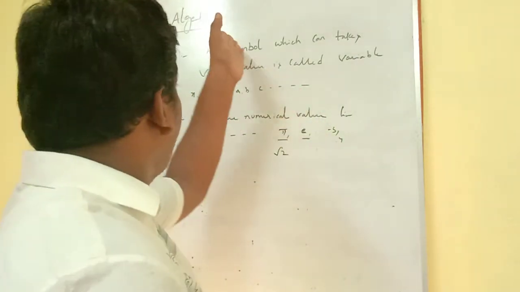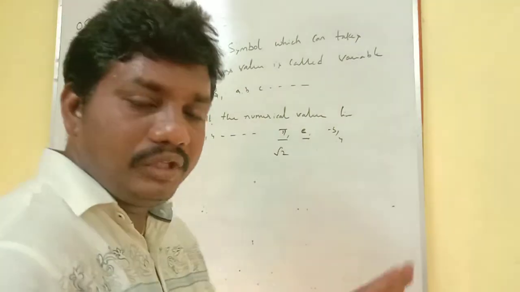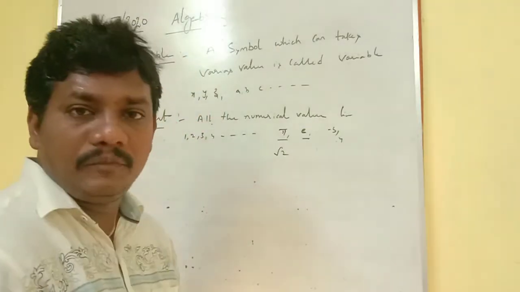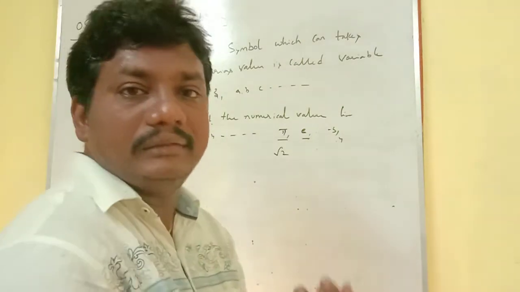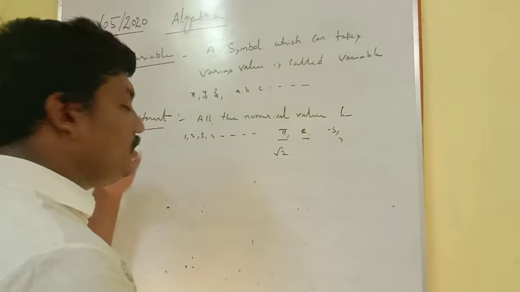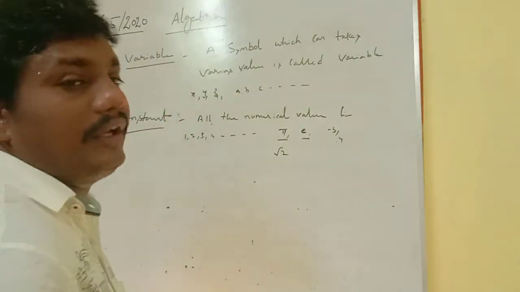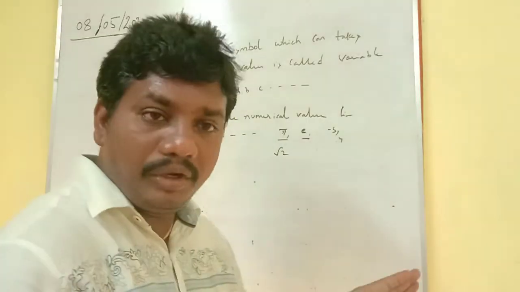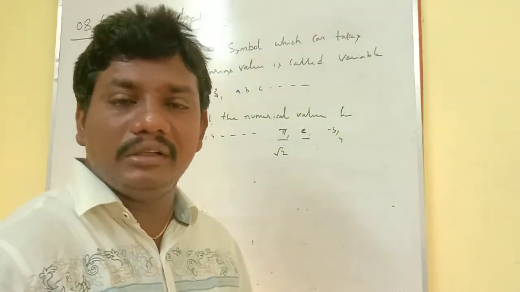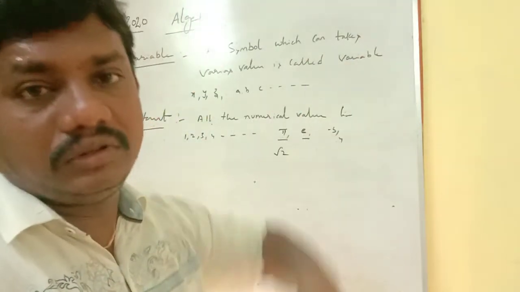Similarly, algebra in mathematics is a combination of two different types of numbers, variables and constants, mixed by multiplication. This combination of variables and constants gives algebraic terms.